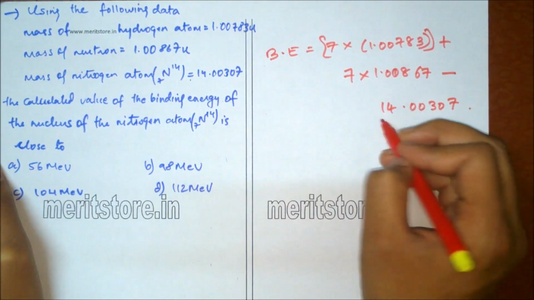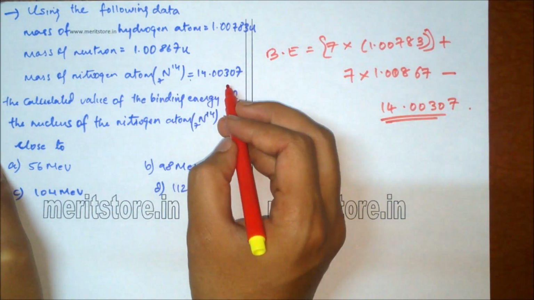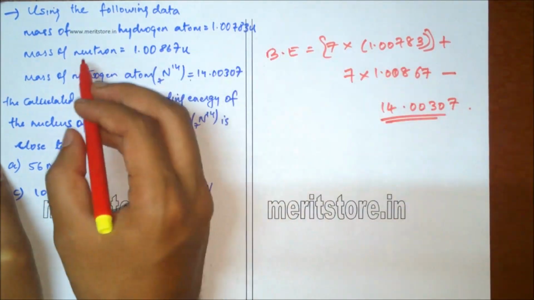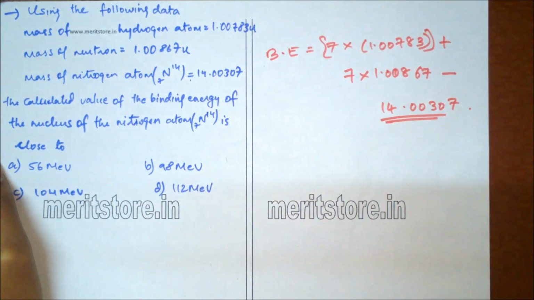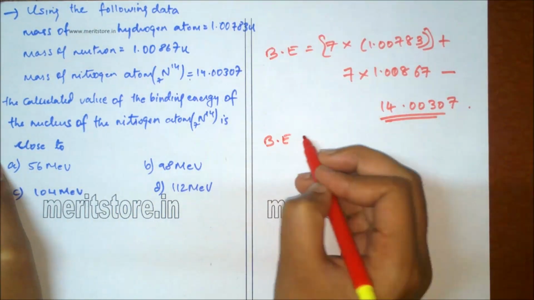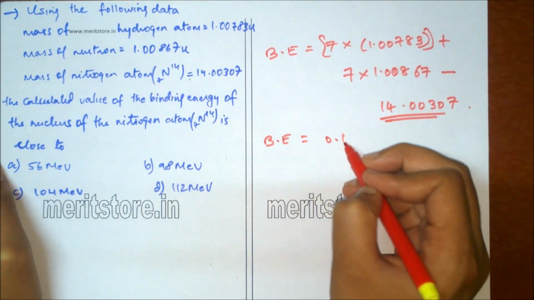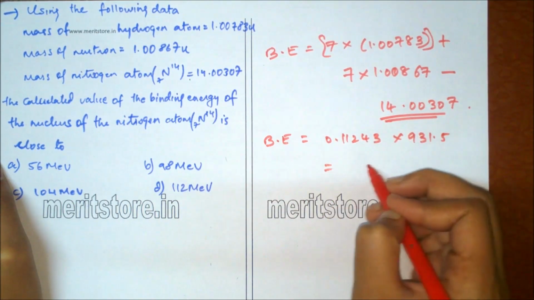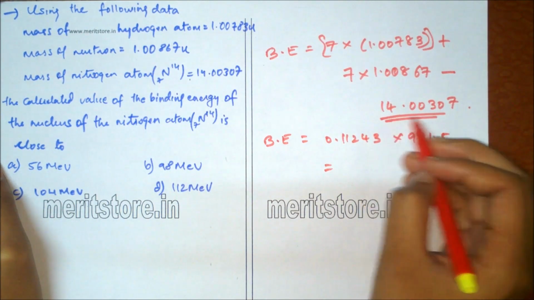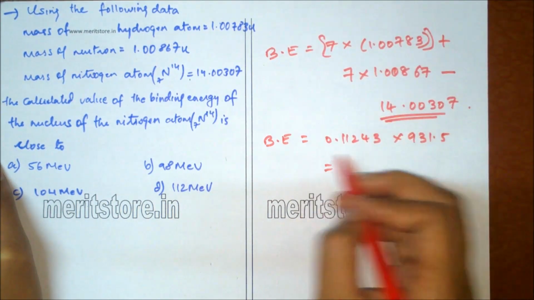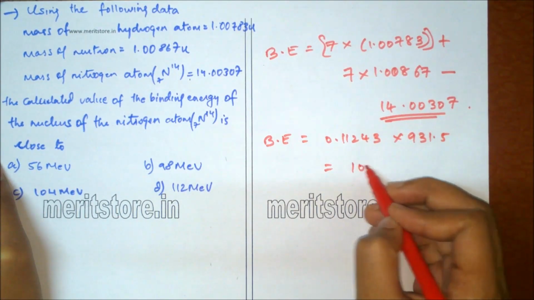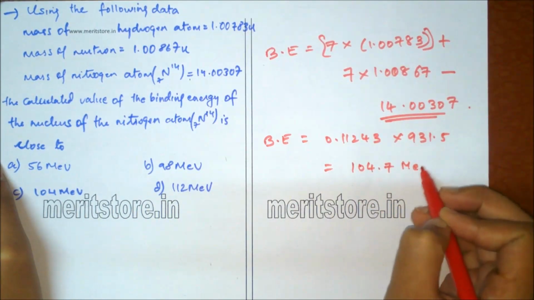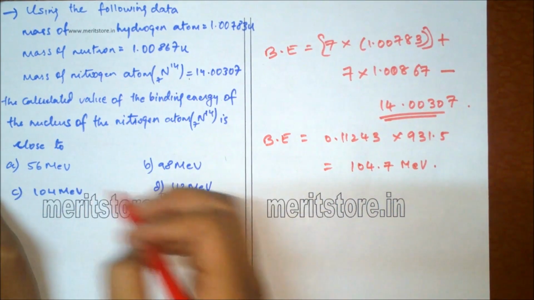This is the mass of the nitrogen atom, first the mass of the hydrogen and the neutron. On solving this, we get 0.11243 into 931.5. So this is the change in mass, and now we have to find the energy, 104.7 mega electron volt. So option C is the correct answer.